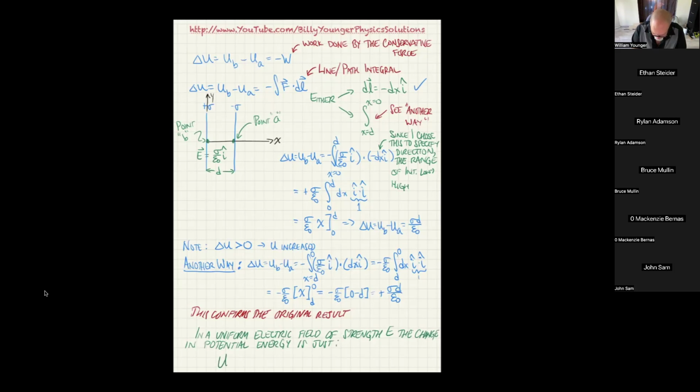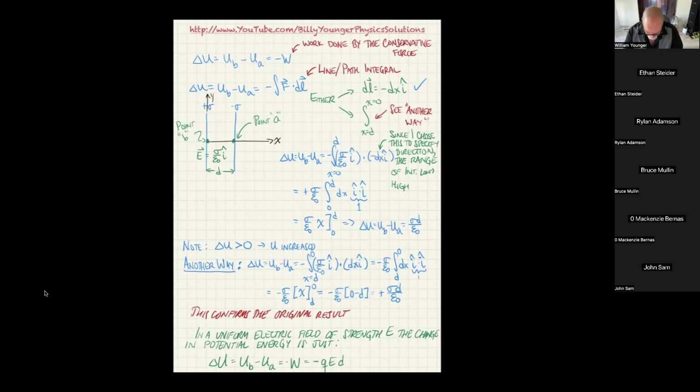So we're going to say delta U, which is UB minus UA, is equal to the negative of the work done, which, remember, the electric field was in fact pointing to the right, and we ended up getting a positive quantity, and you could actually account for that by saying negative Q times E times D, because putting the electric field pointing to the negative direction would give you the actual negative.